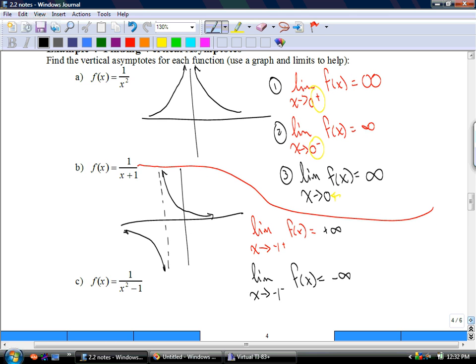So could we make a conclusion for that one? No, because positive infinity and negative infinity are not the same number. -1 positive means -1 from the right-hand side. -1 minus means from the left. Okay?